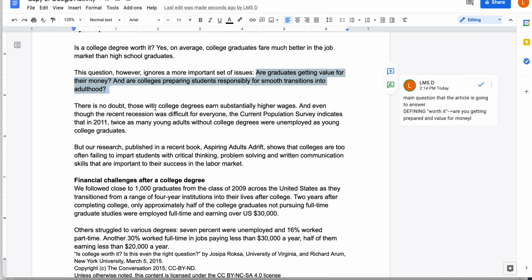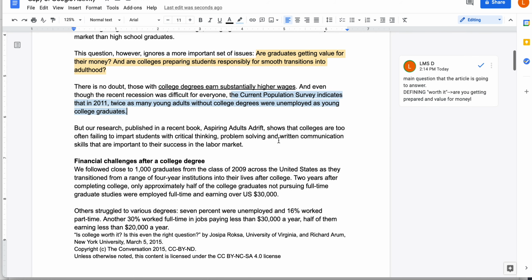So, "there's no doubt those with a college degree earn substantially more wages." I'm going to underline that for myself just so I can have it for later. "And even though the recent recession was difficult, the Current Population Survey indicates that twice as many young adults without college degrees were unemployed." So that is evidence, right? That's a statistic. So I'm going to highlight that in blue because that could be supporting evidence.